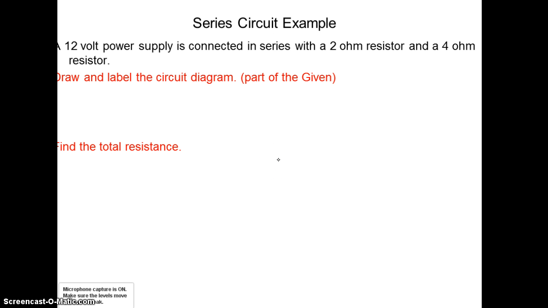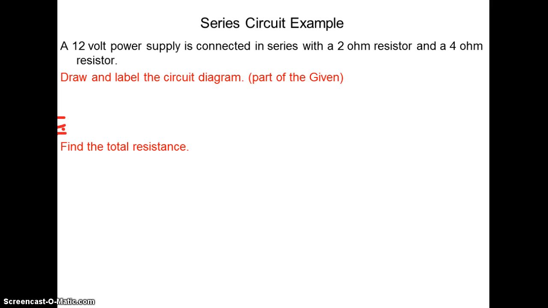Here's an example. Let me scoot this over for you real quick. There you go. Okay, you have a 12 volt supply, 2 ohm resistor, and a 4 ohm resistor.